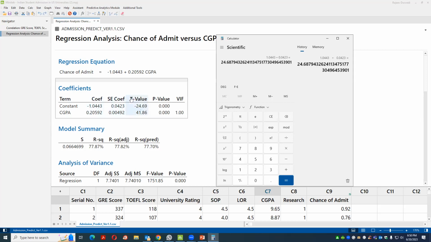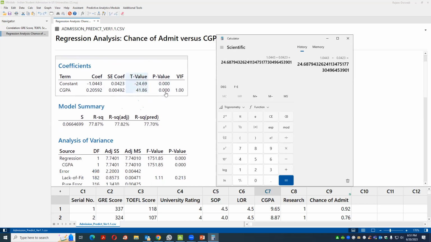Basically, if you have any two of these numbers, you can get the third. Are you getting me? If you have the t value and the standard error of coefficient, you get the coefficient value. Or if you have the coefficient value and standard error of coefficient, you get the t value. This coefficient divided by standard error, you get the t value.